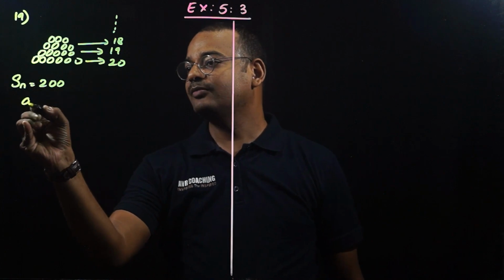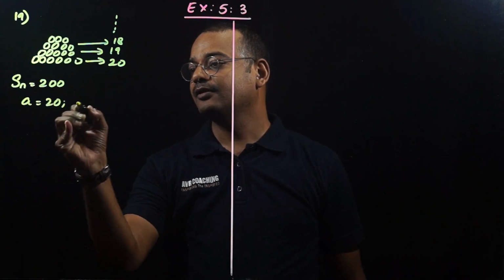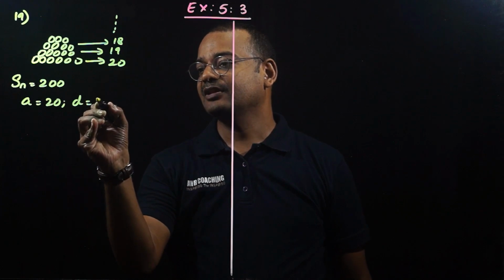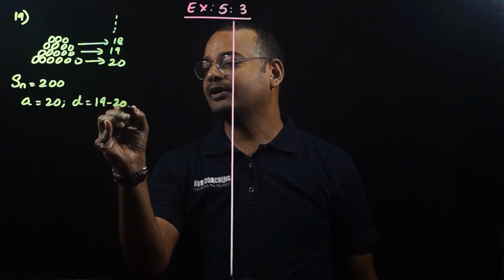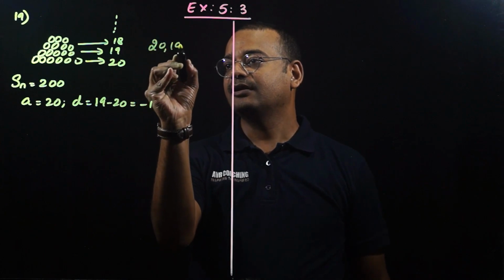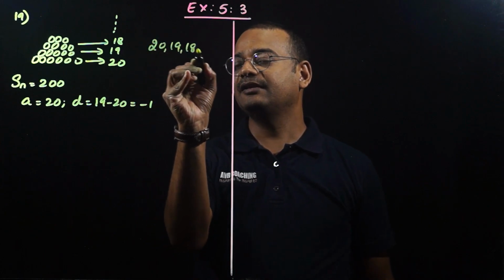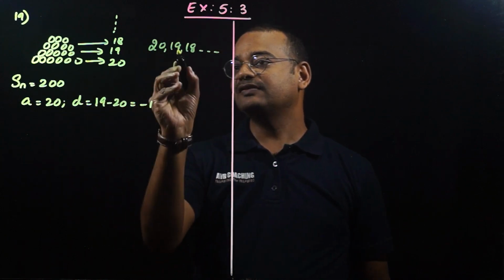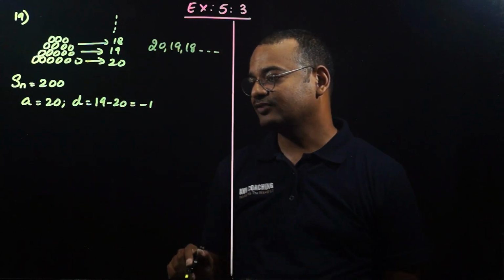So A value will be 20, D value will be 19 minus 20, which is minus 1. Why? We have the series as 20, 19, 18 and so on.